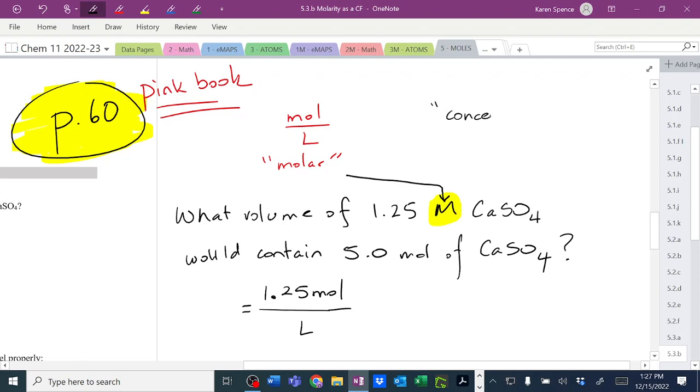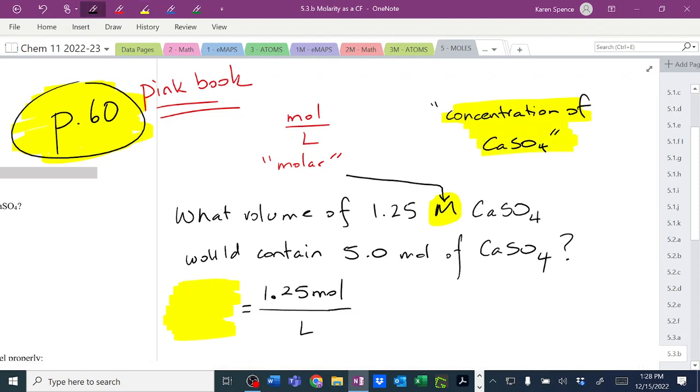Now, if I wanted to say that the concentration of CaSO4 is equal to 0.125 moles per liter, what would I write over on the left there? How would I say concentration of CaSO4?